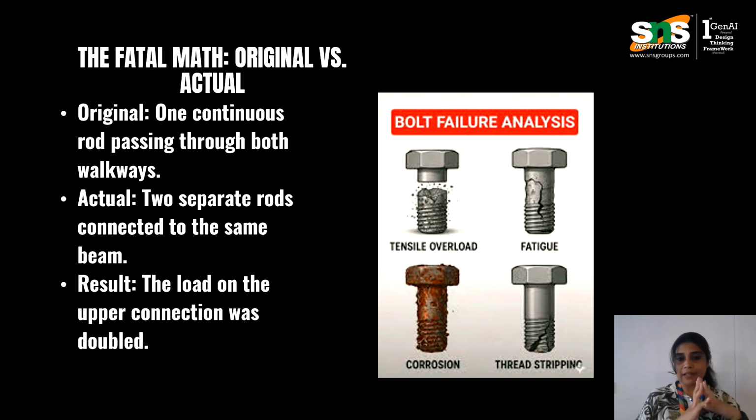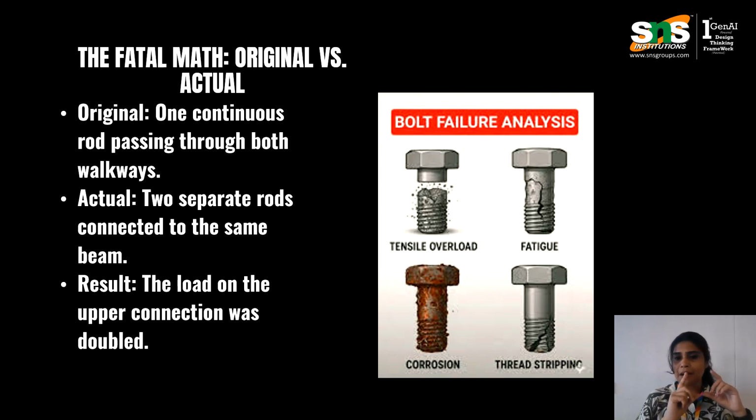The fatal math, original versus actual. Let's look at the math that killed. The original design called for a single long rod to go from the ceiling through the fourth floor walkway and down to the second floor walkway. But the contractor found a 40-foot rod too difficult to thread.